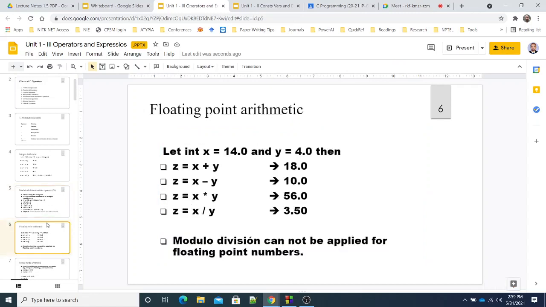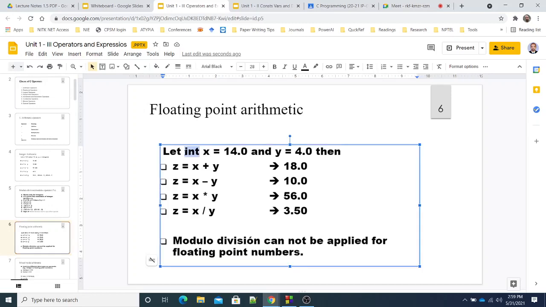Those are the arithmetic operators, and we were seeing mostly integer operations. The same thing applies for floating point numbers also. Now floats: x is equal to 11.4 and y is equal to something, same syntax, z is equal to x plus y.